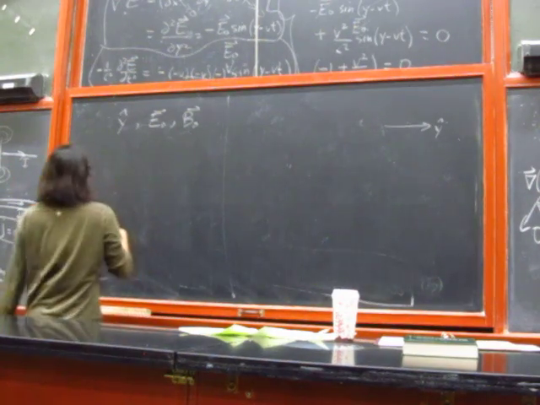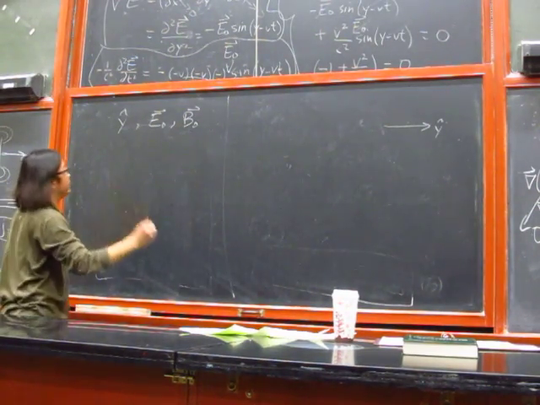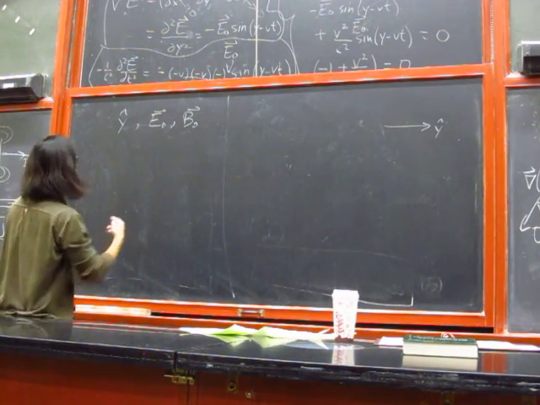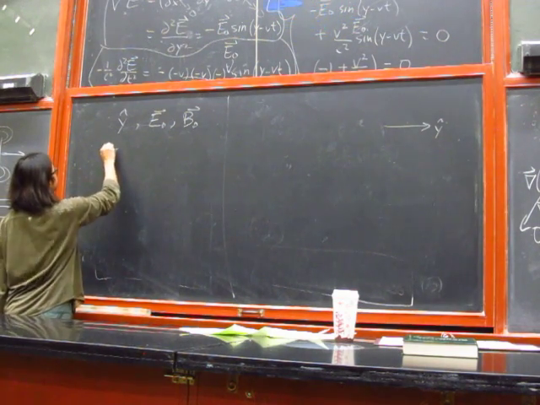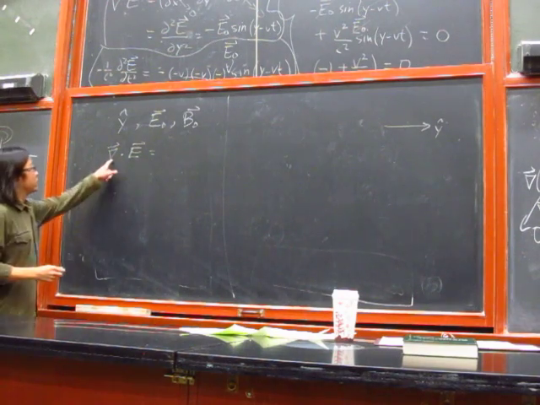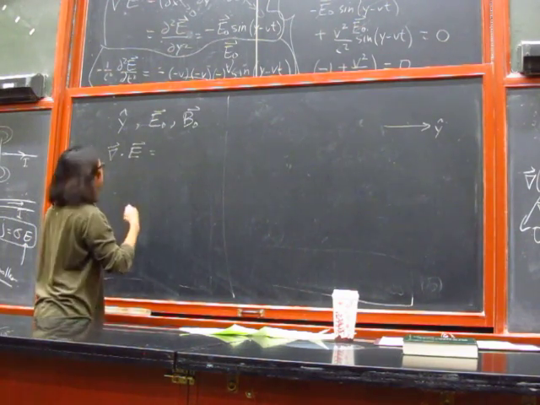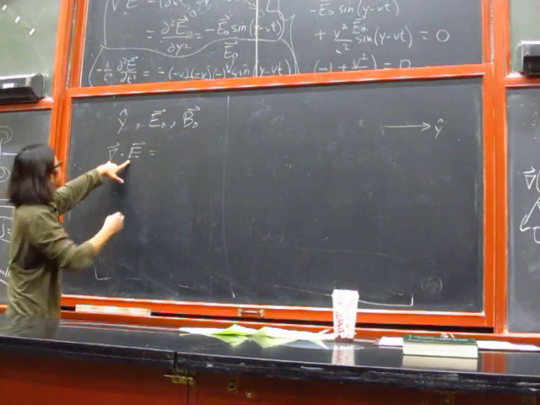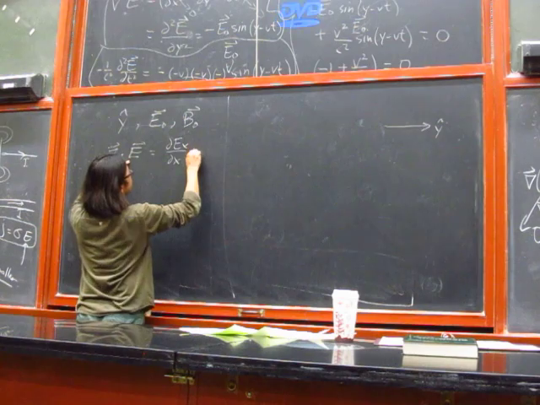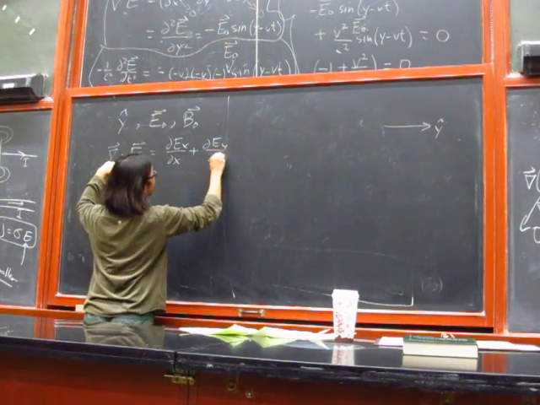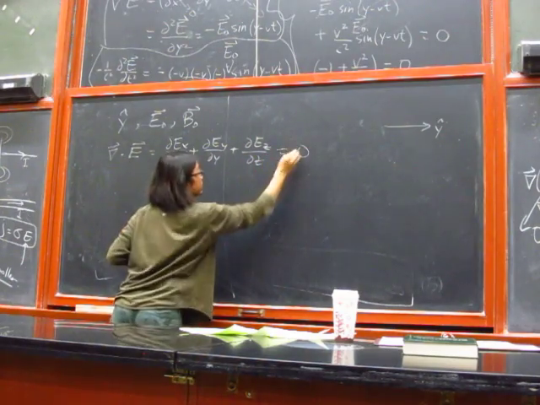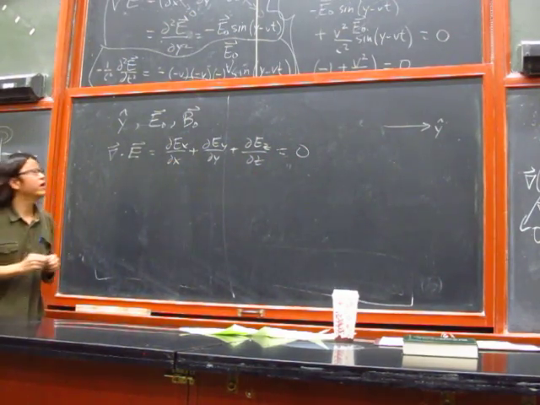So to do that, let's look at the divergence of E. In this case, it's just the partial derivative with respect to x plus the partial derivative with respect to y plus the partial derivative with respect to z.